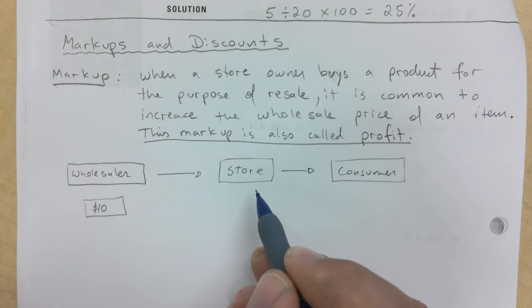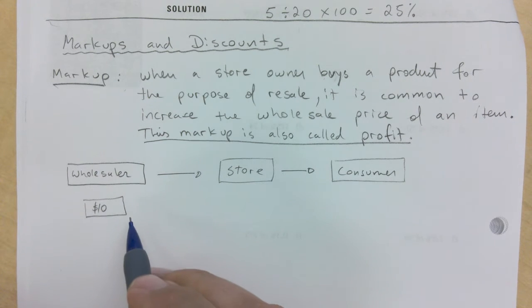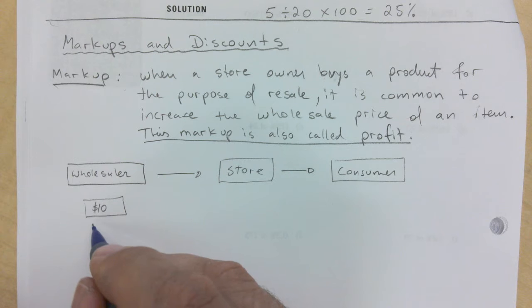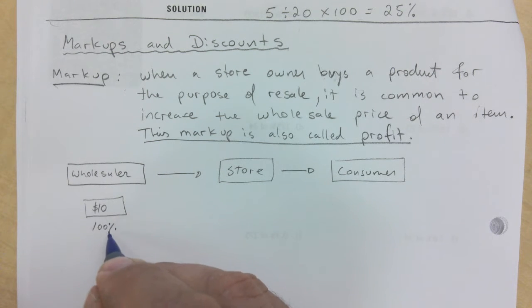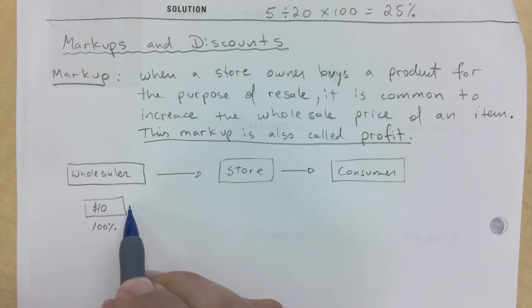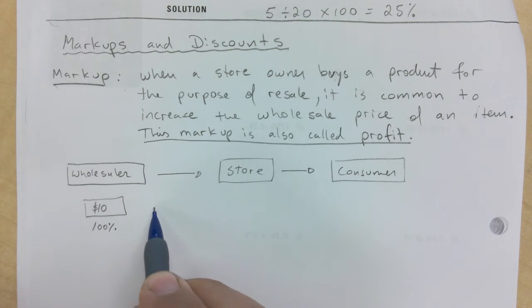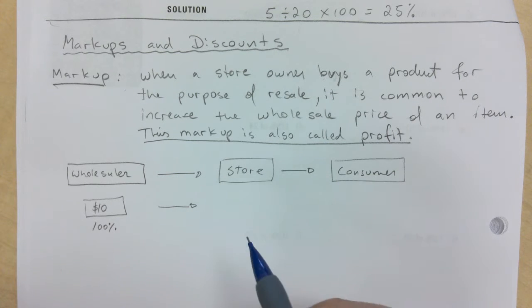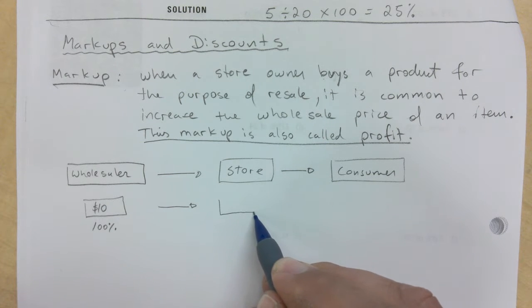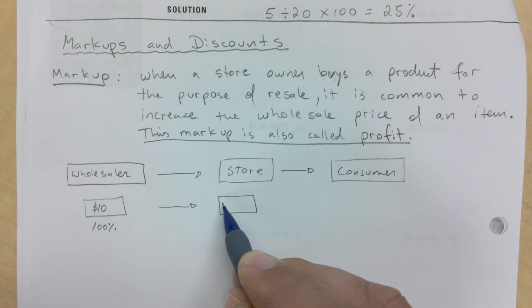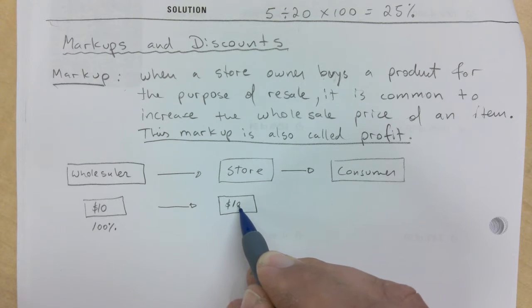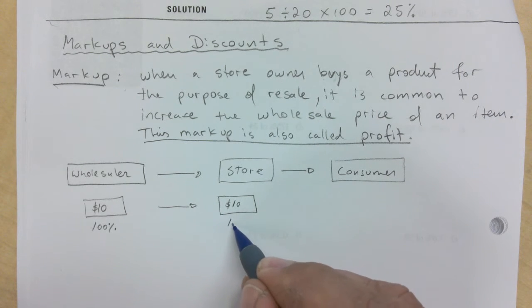The store orders a few items and they're marked at $10 each. We would start with 100%, which is the original item from the wholesaler that supplies the store.